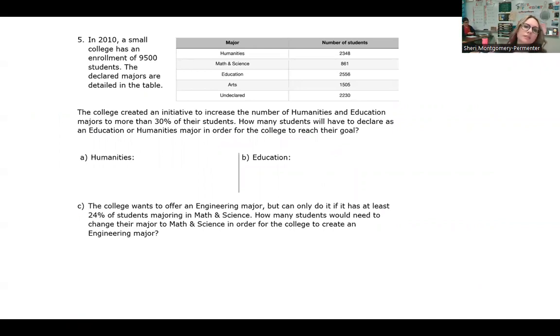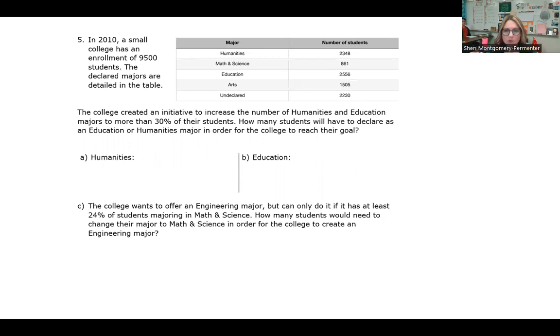It says in 2010, a small college has an enrollment of 9,500 students. The declared majors are detailed in the table. So there are humanities majors, math and science, education, arts, and undeclared. The college created an incentive to increase the number of humanities and education majors to more than 30% of their students.